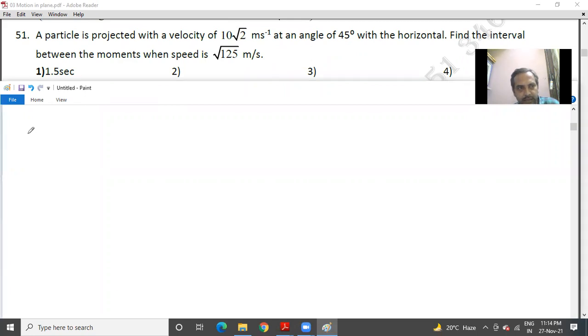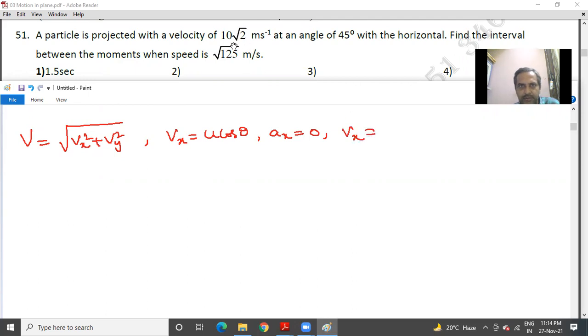So velocity after t seconds, in general, we write as root over vx square plus vy square. Now vx is equal to u cos theta, and during the motion ax will be 0. So let us first find out vx. u is given as 10 root 2, cos 45 is 1 by root 2. So vx will be 10 meter per second.